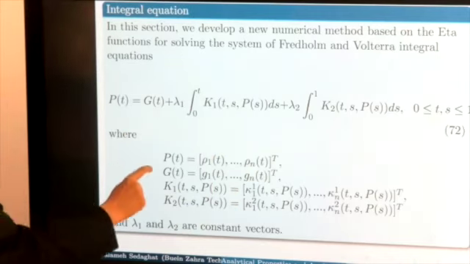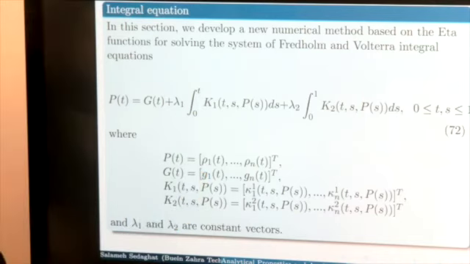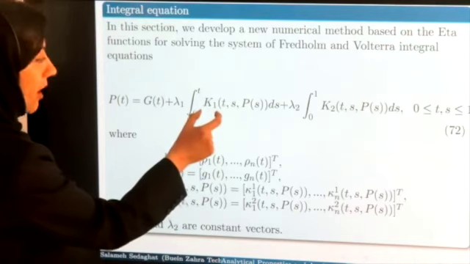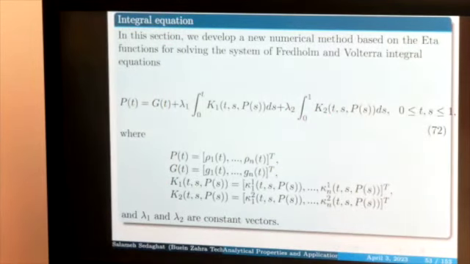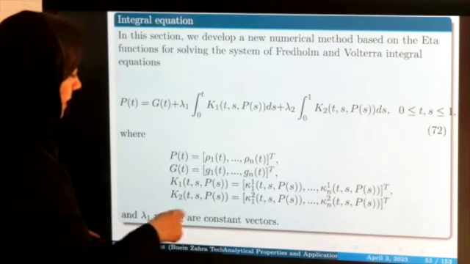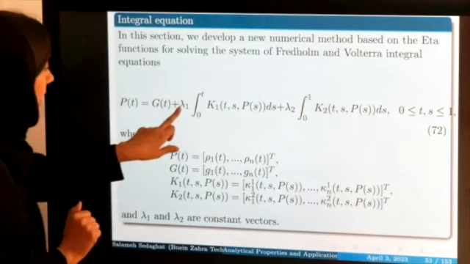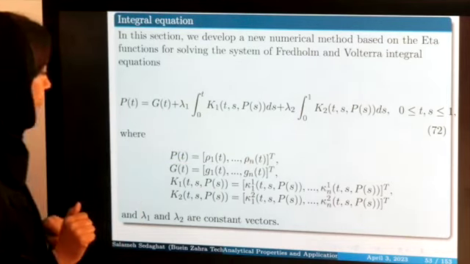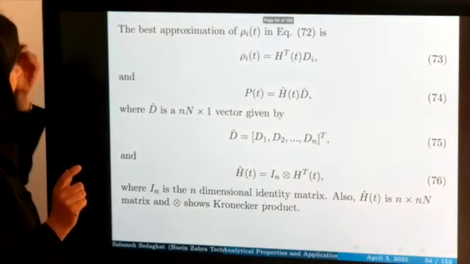G of t is a vector function of order n, and k1 and k2 are kernel functions, and they are vector functions too, and lambda 1 and lambda 2 are constant vectors, because we have vectors here.